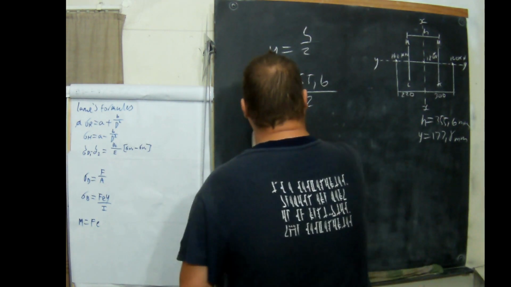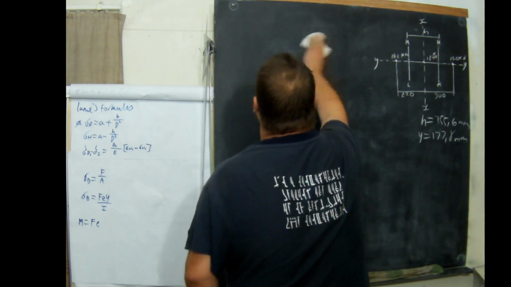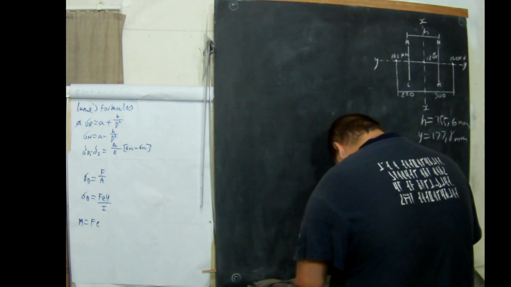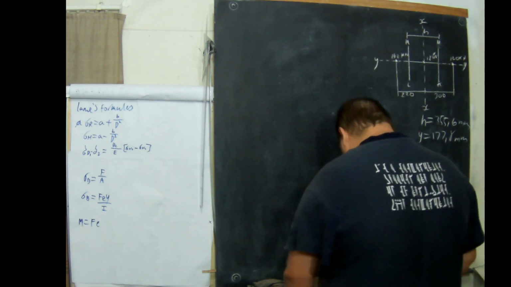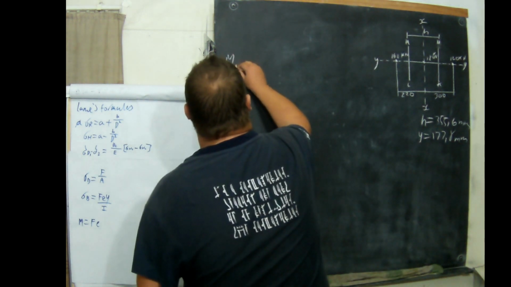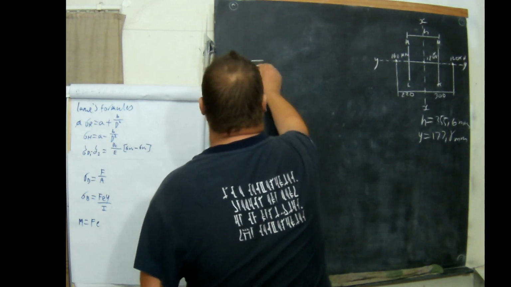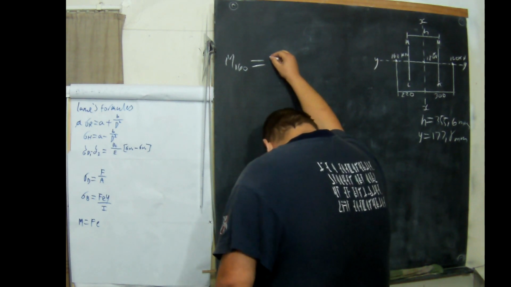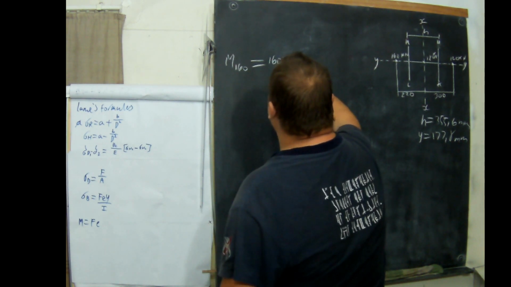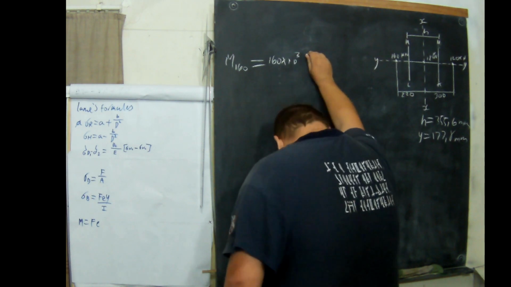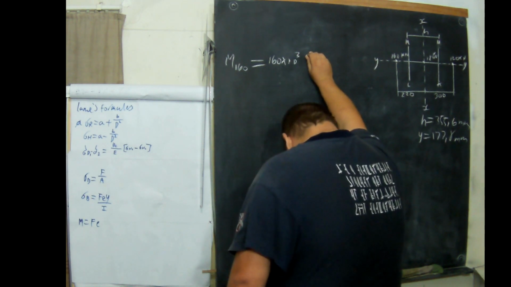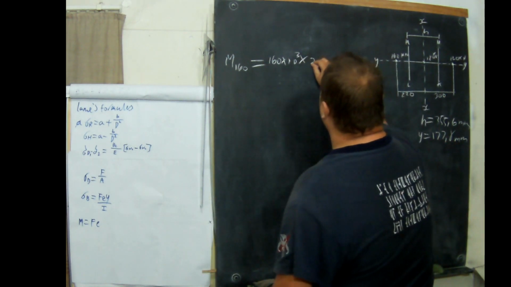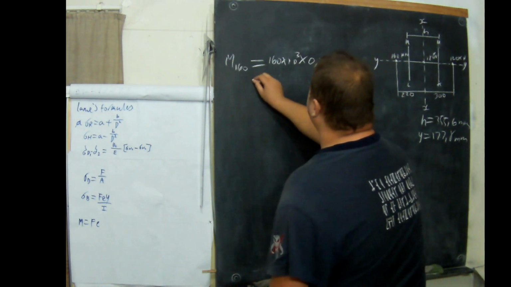Now, the next step is to calculate M at 160, which is equal to 160 times 10 to the 3 multiplied by the distance, 220, so that's 0,22.